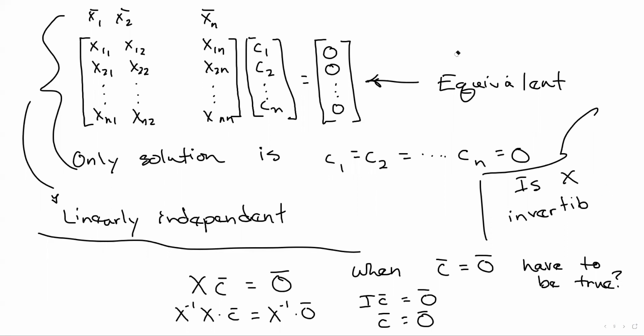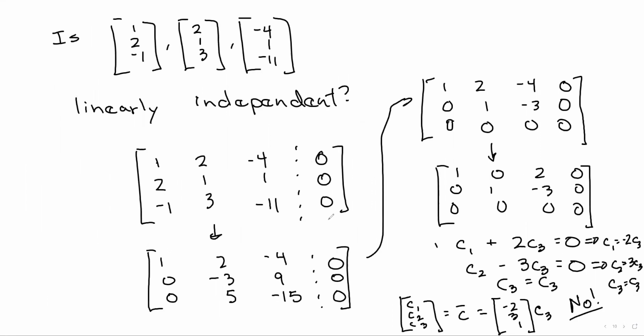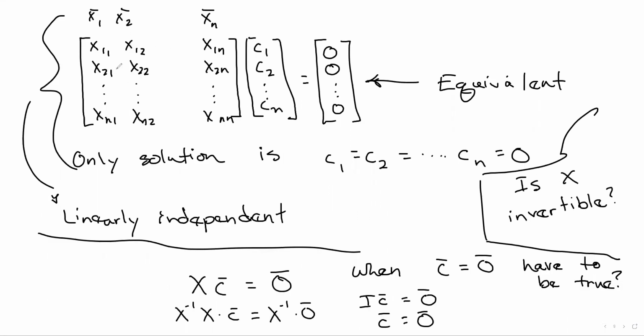That gives us an alternate way to do this. And the question is, which is faster? Is it faster to augment with zeros and solve to see if the only solution is that C1 through C3 are 0? Or is it faster to take the matrix here and determine whether it is invertible?